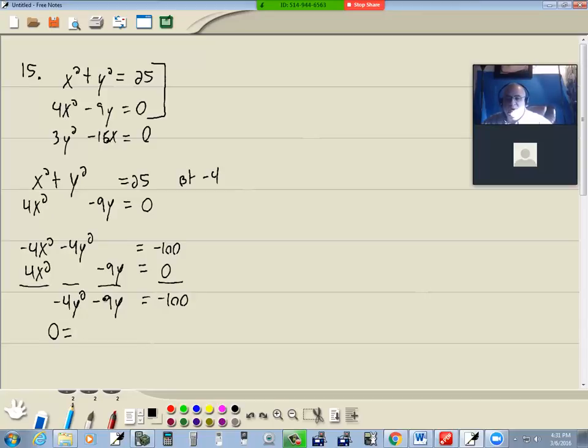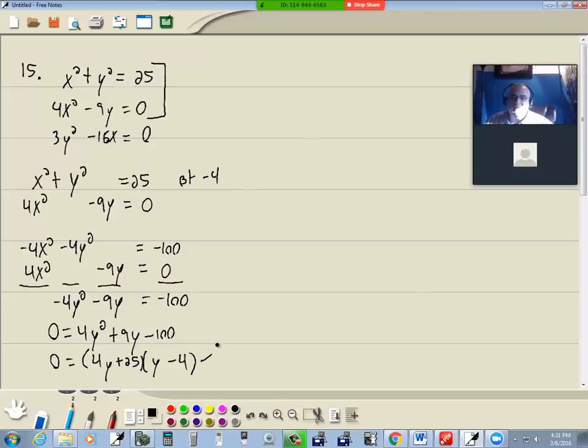So I'm going to take the negative 4y squared and negative 9y to the right side. So that gives us a positive 4y squared plus 9y minus 100, and we want to factor that. And let me double check that. 4y squared, negative 16y plus 25y gives us 9y. 25 times negative 4 is negative 100.